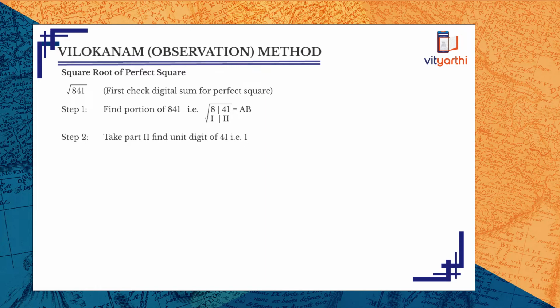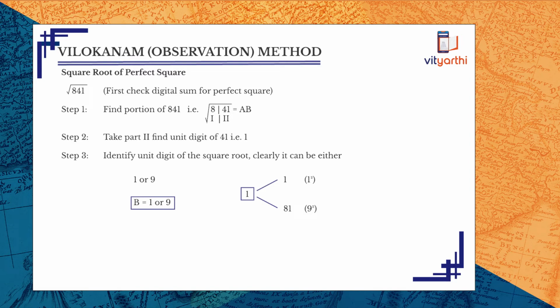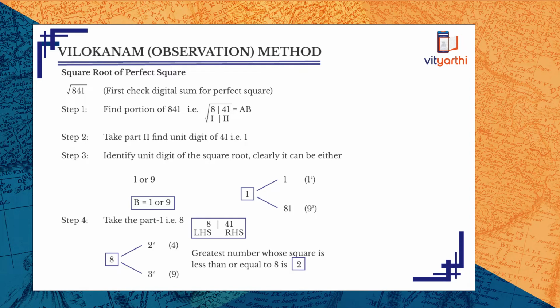We know that 9 square is 81 and 1 square is 1. It means the unit digit of 9 square is 1 in 81, and 1 square is also 1. So we can say that B can be either 1 or 9. Now find the value of A. Here the left hand side digit is 8. Now find the greatest perfect square less than or equal to 8.